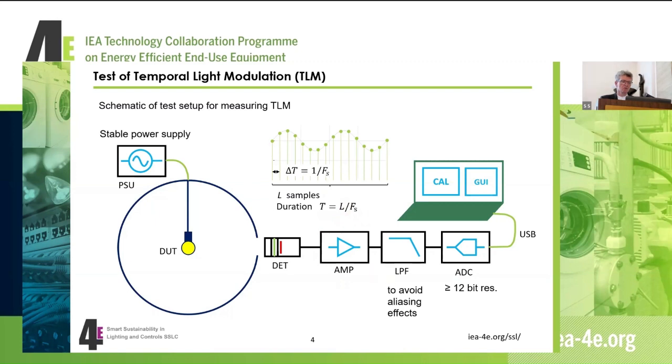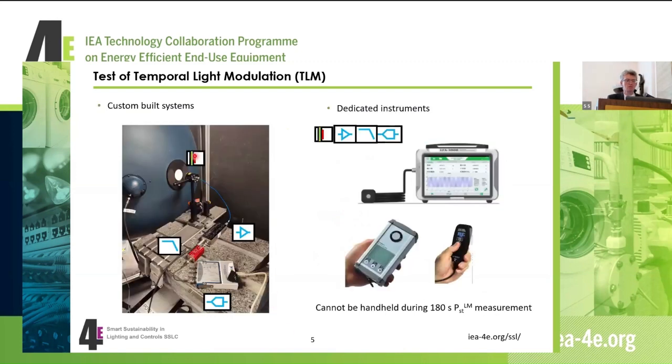Okay. So just a few images from our lab. The lamp under test is placed within a 1 meter sphere, and the detector here, so this is a custom built system that Yoshi also mentioned some labs are using. We have a detector here, we have a transimpedance amplifier, an anti-aliasing low-pass filter here, and an analog to digital converter.